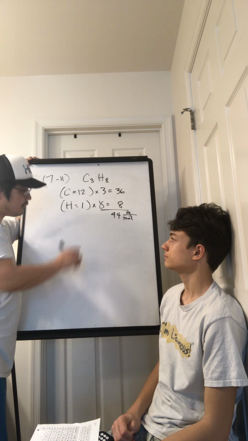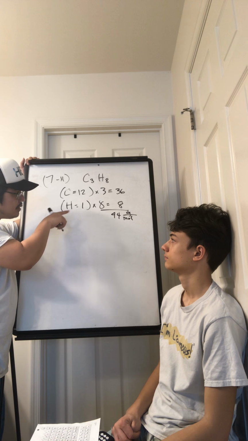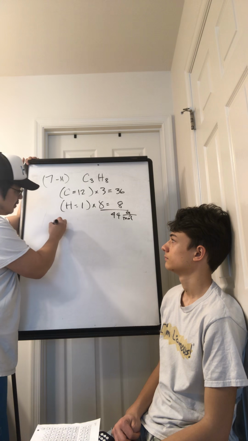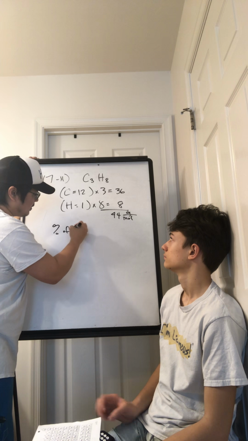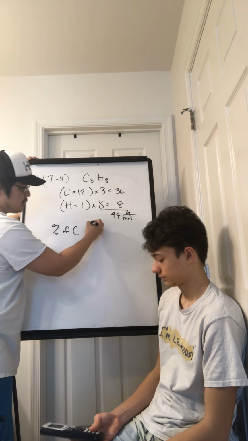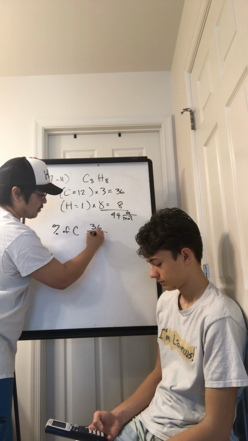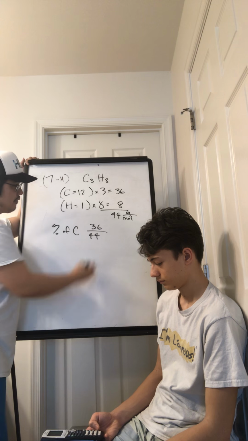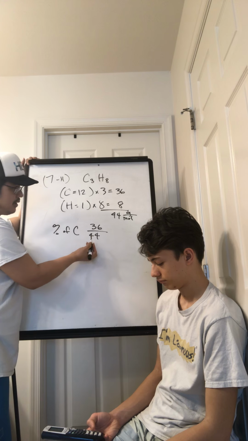Now, of that 44 grams, how many grams is carbon? Percent of carbon. 36 of that 44 grams of propane is actually carbon.